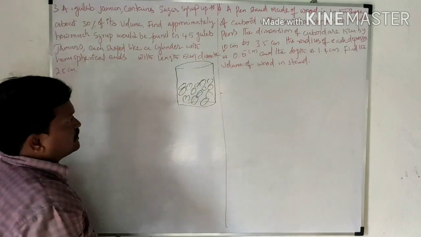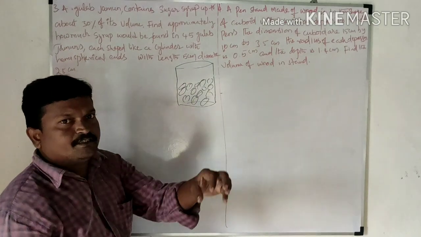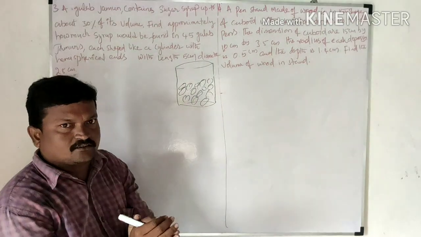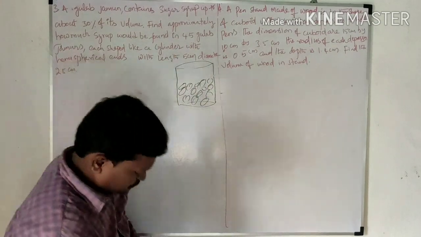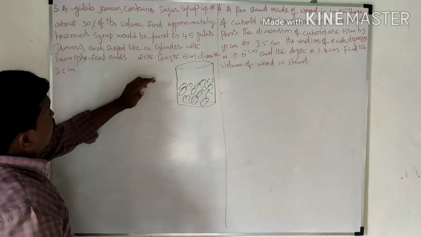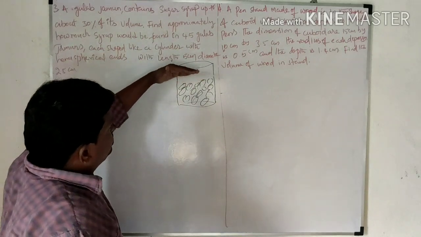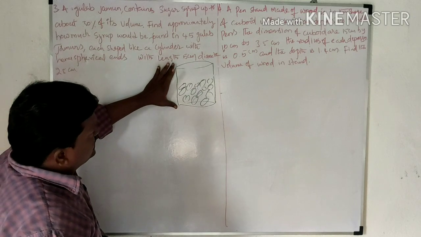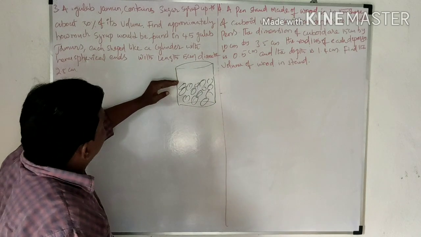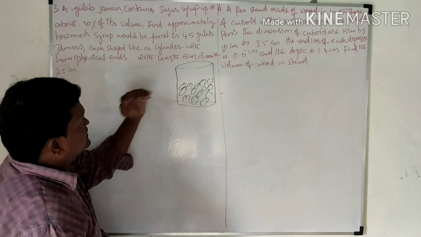In the container there will be some juice of sugar, some syrup. That juice is up to 30% of the volume of the cylinder.